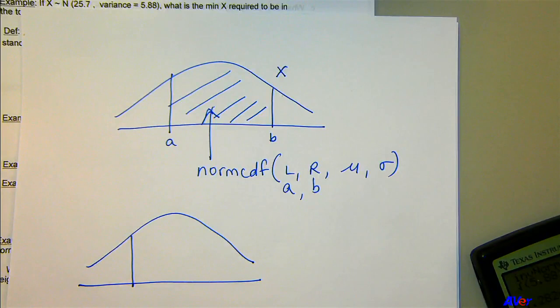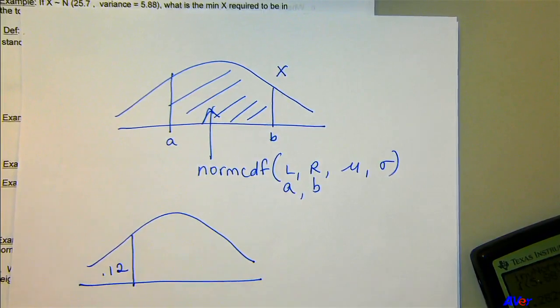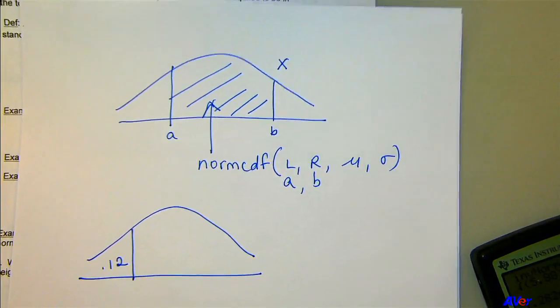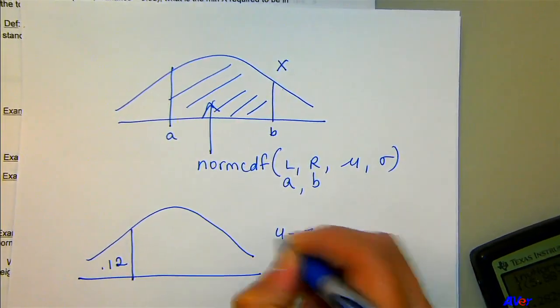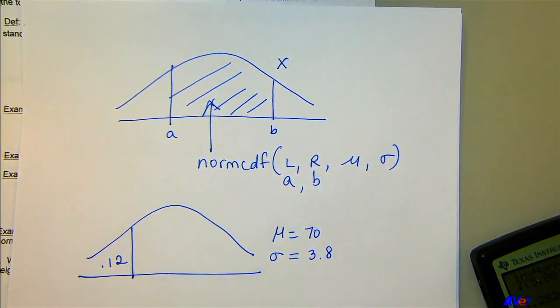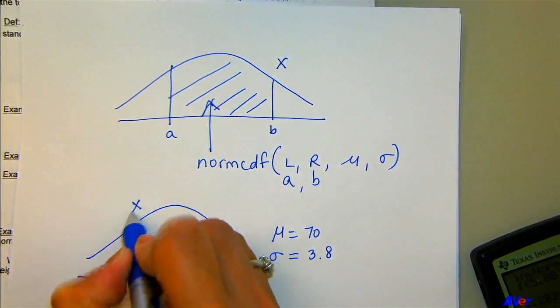But suppose I wanted some cutoff for 12%, the bottom 12%. So let's say you're failing 12% of some class, and the mean is 70, and the sigma is 3.8. Please find the cutoff for failure. That's the question.